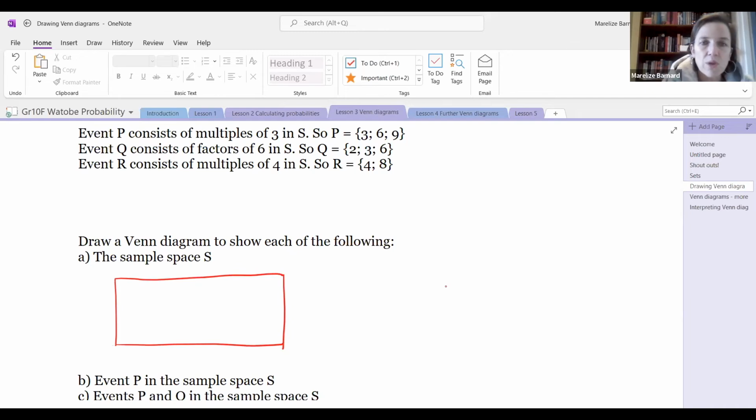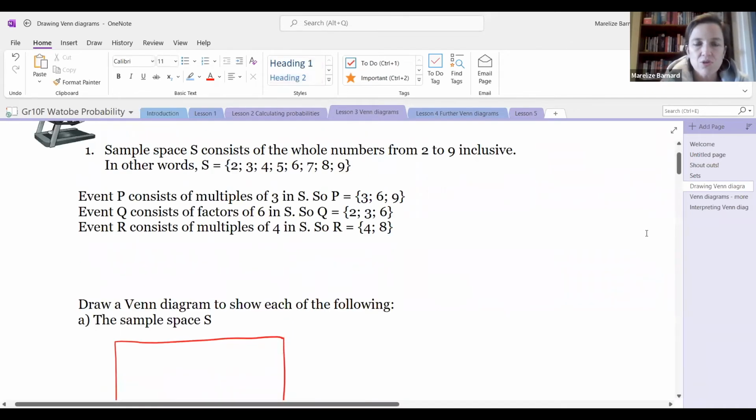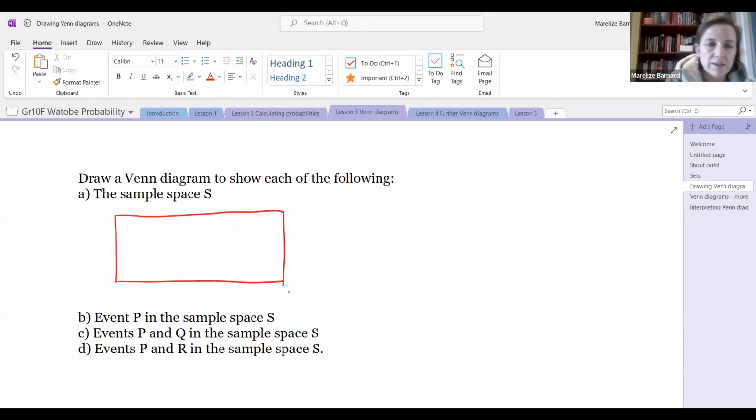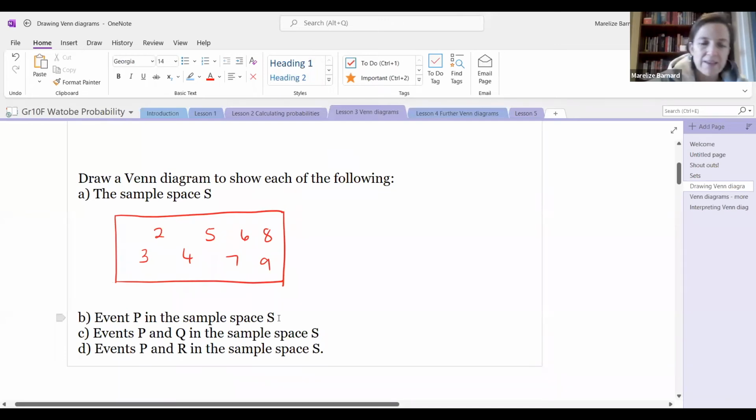And we're going to put all our elements of the sample space in it, which is the numbers 2 to 9. And you can just put them like that: 2, 3, 4, 5, 6, 7, 8, 9. Okay, so that literally suggests that this is our sample space.